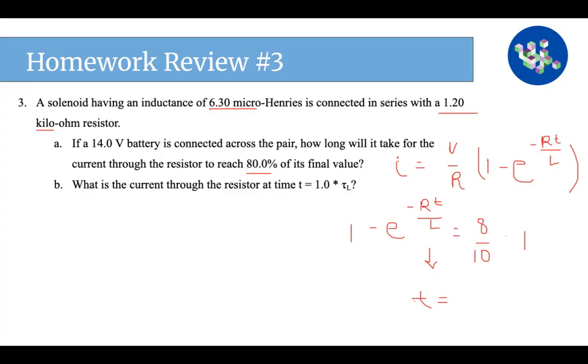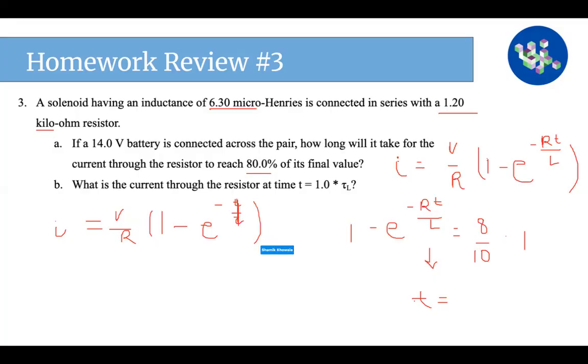What is the current through the resistor at time t equals 1 time constant? So at 1 time constant, you'll have that I equals V over R times 1 minus e to the negative t over tau. So when t is just tau, this becomes 1.